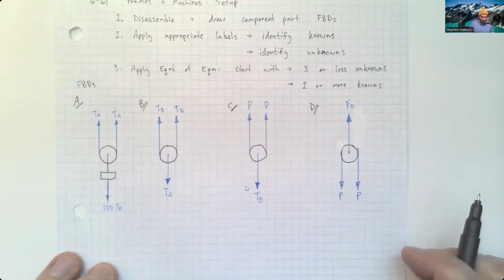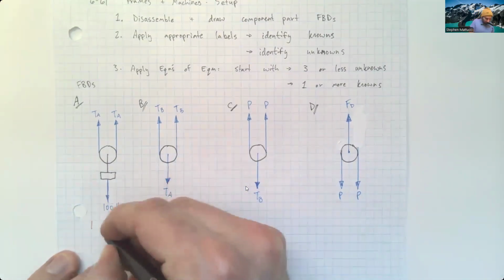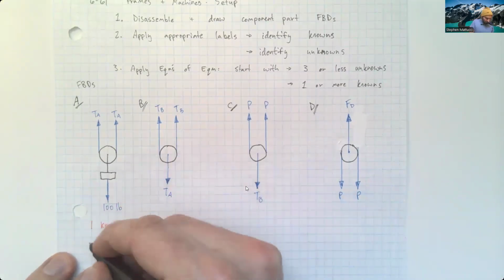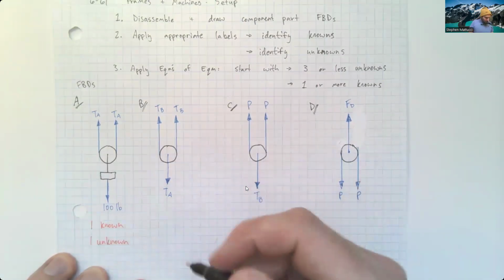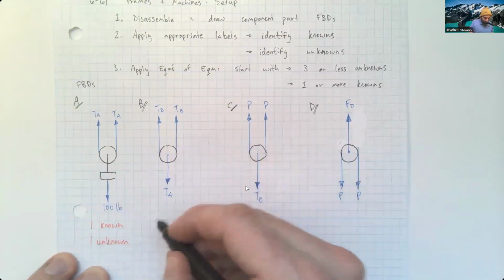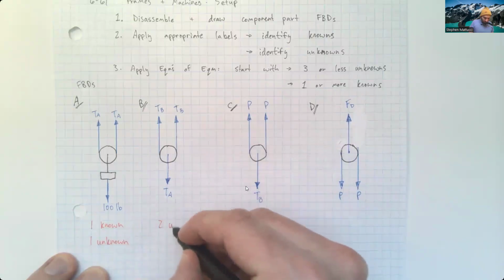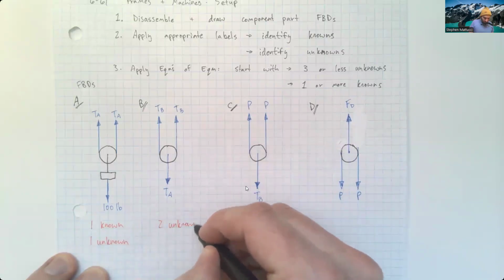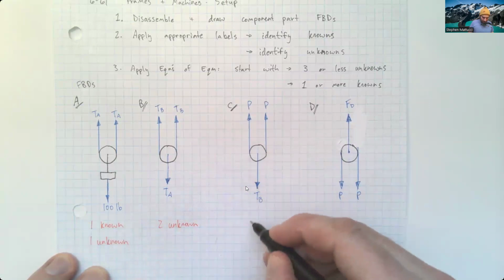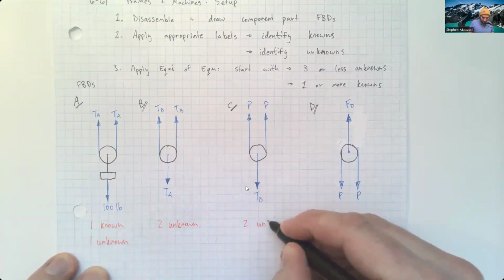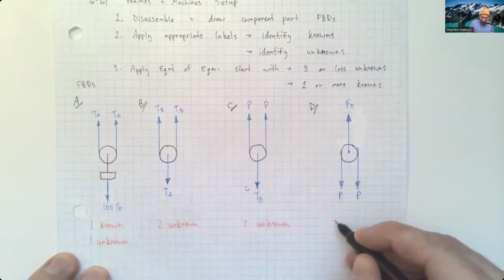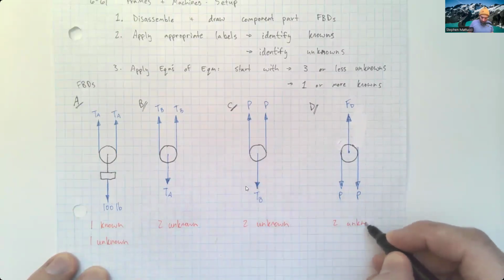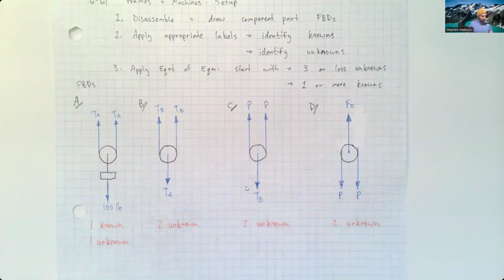So it's always good from here to go through and identify how many knowns and unknowns we have from each of these. So for pulley A, we have one known, one unknown. For pulley B, we have two unknown. For pulley C, we have two unknown. And then for pulley D, we have two unknown.